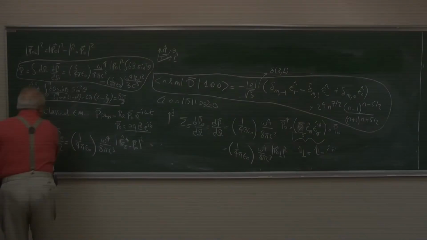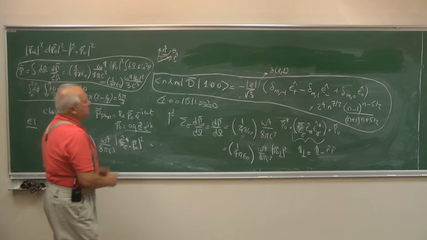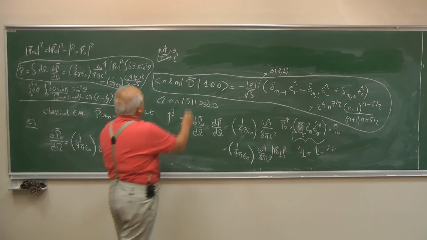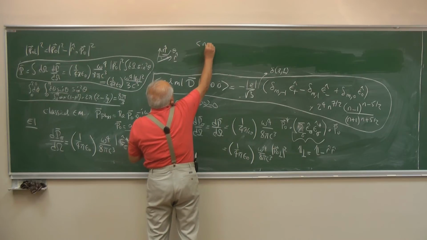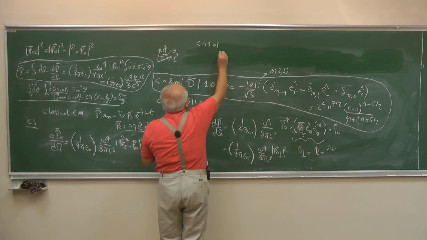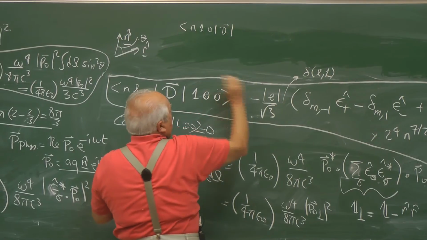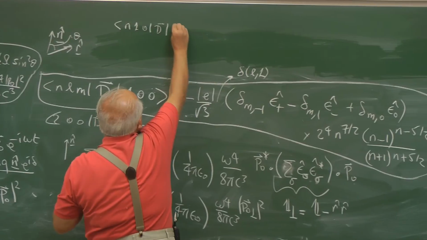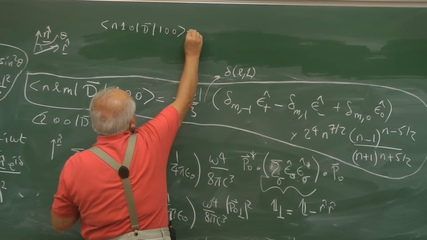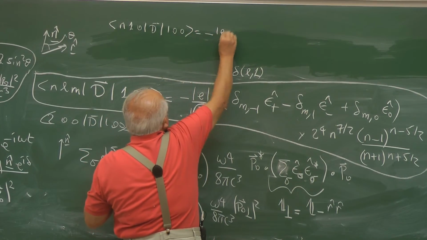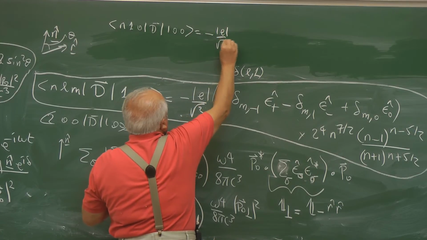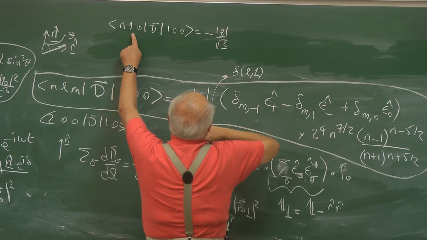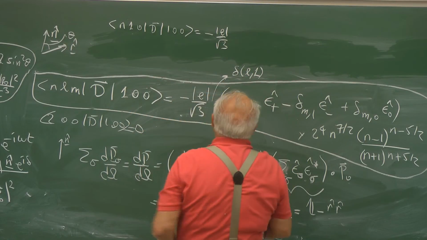I'm erasing here. Since all m's are equivalent, let me just take one m. Let me just take n10, d, 100, equals minus e over root 3. I already put L equals 1, so this is there.